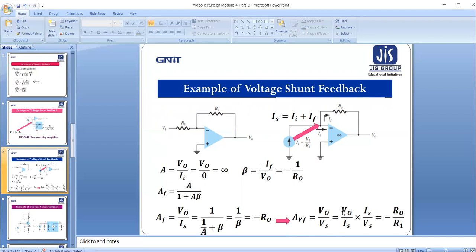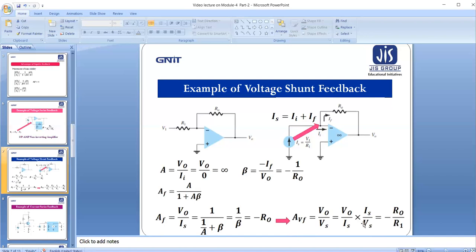So V naught by Vs is the voltage gain of the entire system. Now this V naught by Vs can be written as V naught by Is into Is by Vs. V naught by Is means minus R naught, and Is by Vs.